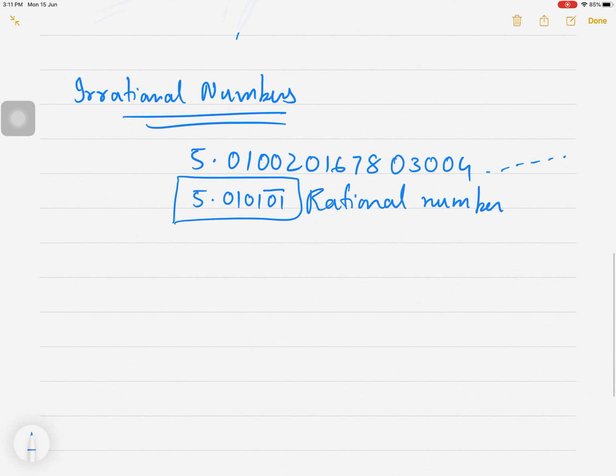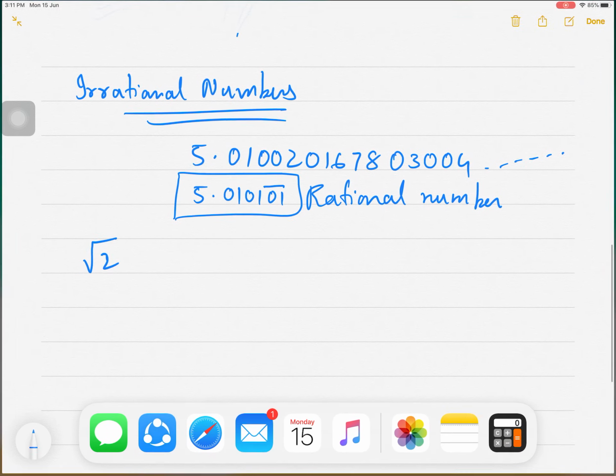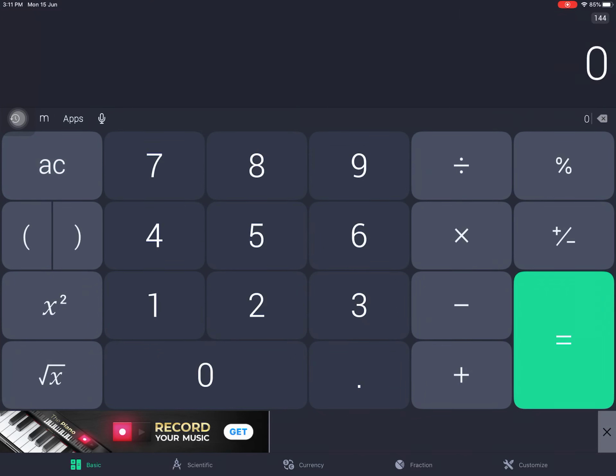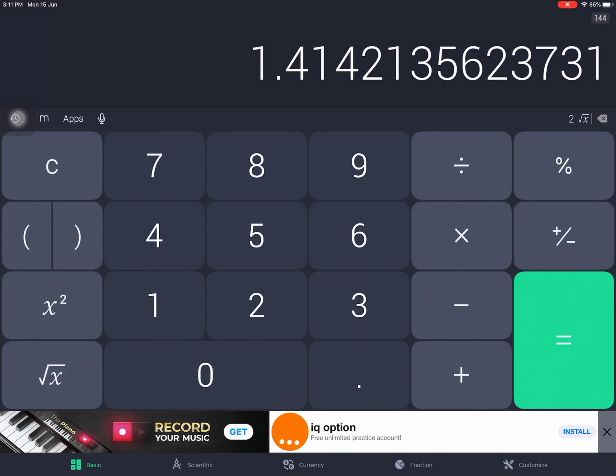For example, root 2. Let's see in the calculator what is the value of root 2. The answer is 1.414213562371, and so on. So root 2 is an irrational number.